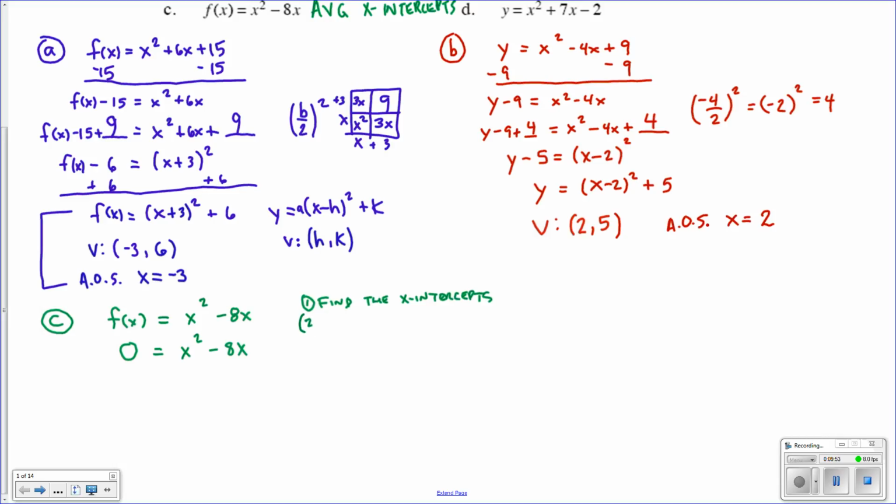That's going to allow us to get our axis of symmetry, which gives us the value of h, which is our x-coordinate of the vertex. And that will allow us to do the last step, and that would be to find the k value, which is the y-coordinate of the vertex.